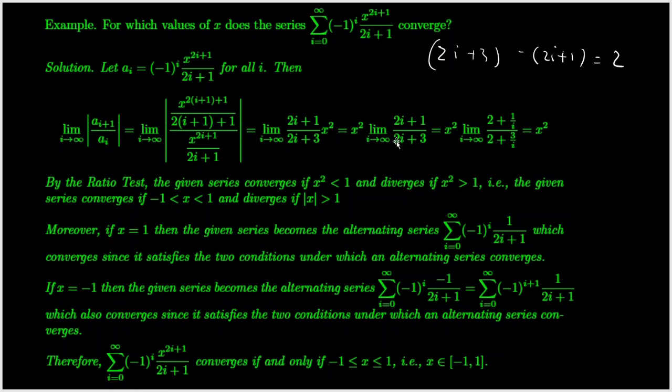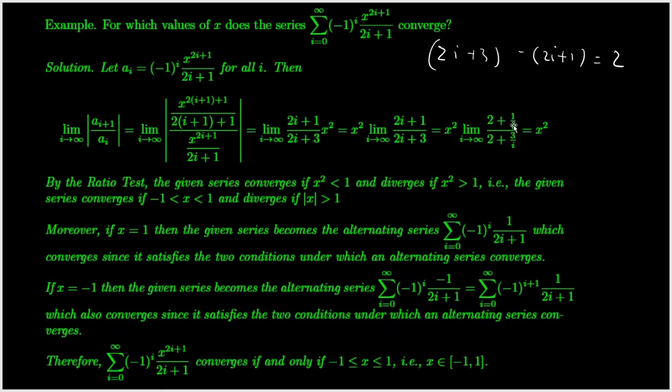And then you take the limit. We have seen the trick many times. To take a limit like that, you divide the numerator and the denominator by i. That term becomes 2, right? This term becomes 1 over i. This term becomes 3 over i. And then the limit as i goes to infinity, you look at the mouse cursor.